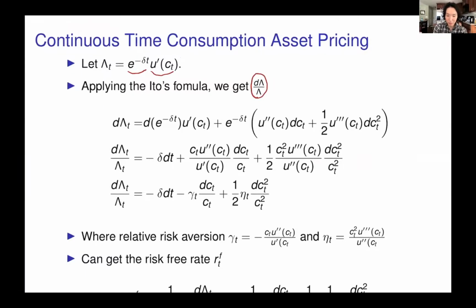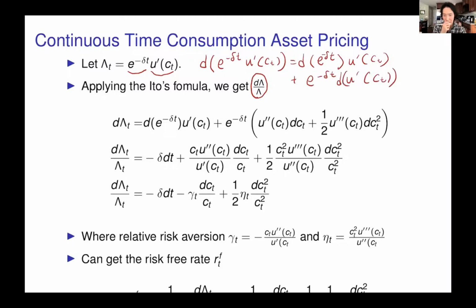So what do we have to do? We have to calculate d lambda, and lambda is simply the product between these two terms, and you can apply Ito.